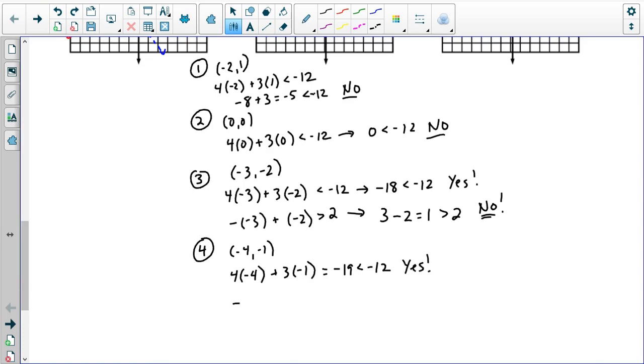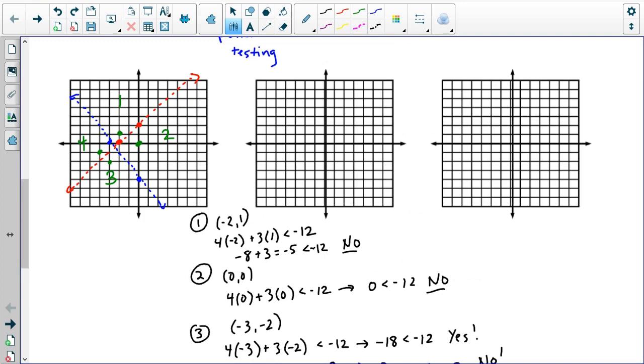And then if I check -x plus y, that equals 3, which is greater than 2. So every point in region 4 is actually going to work. I get a double yes, and since I only have 2 inequalities, a double yes means that region 4 is the winner, and so I am going to highlight that. That would be my final answer.